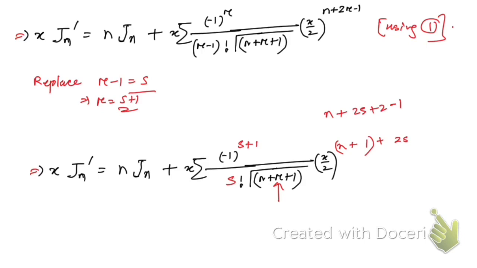Let me show you. If we replace this r, now let me replace this r by s plus 1. So if you rearrange this term, you can write this way, n plus 1 plus s plus 1.